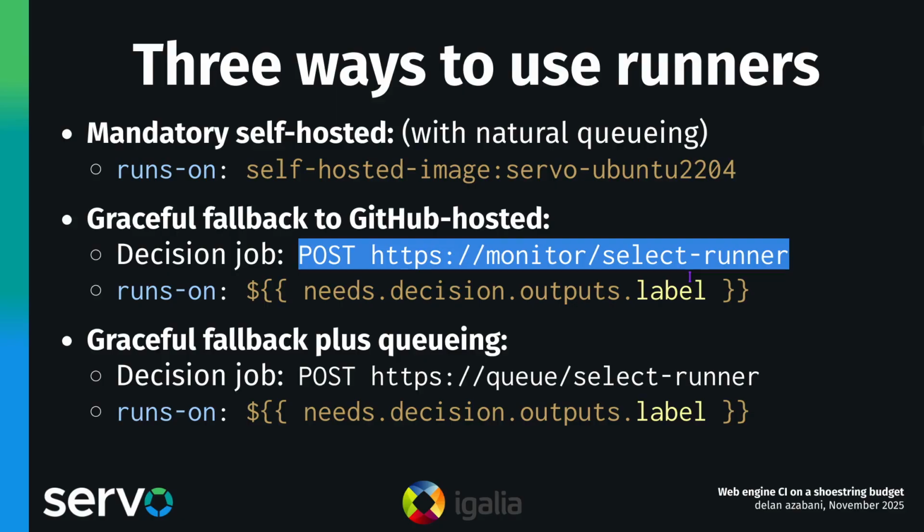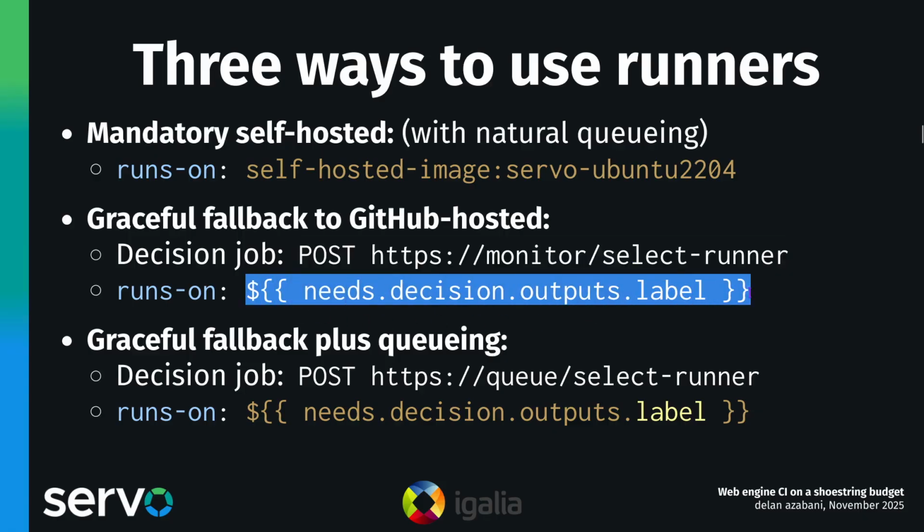But I'll explain that in more detail a bit later on. And in doing so, because you have a job that can check if there are runners available, you can now parameterize the runs-on setting and decide, I want to use a self-hosted runner or a GitHub-hosted runner. It's unclear if this is going to be possible on Forgejo Actions yet, so we may have to add that feature, but it's certainly possible on GitHub Actions.